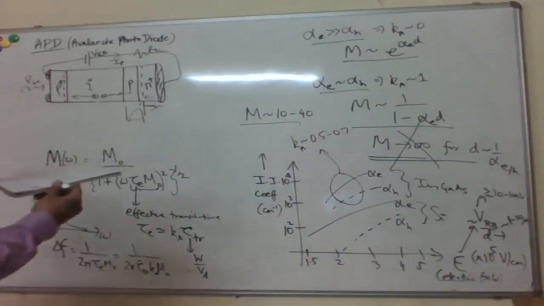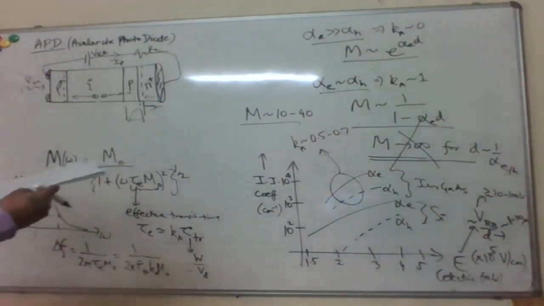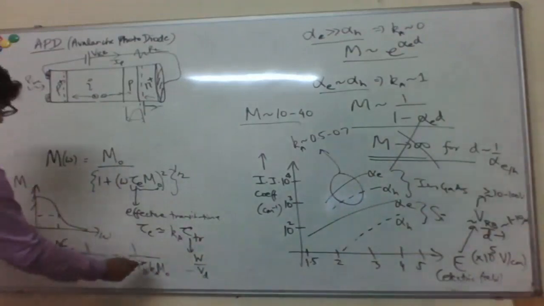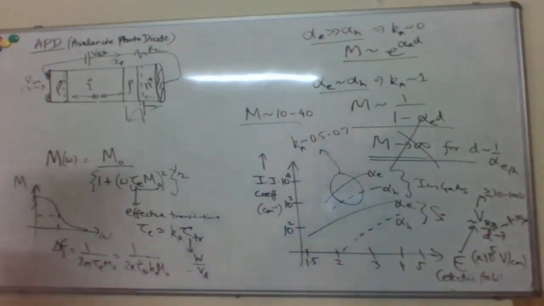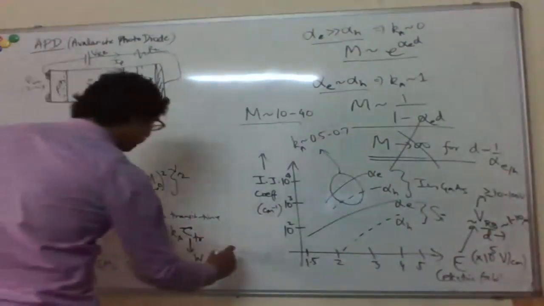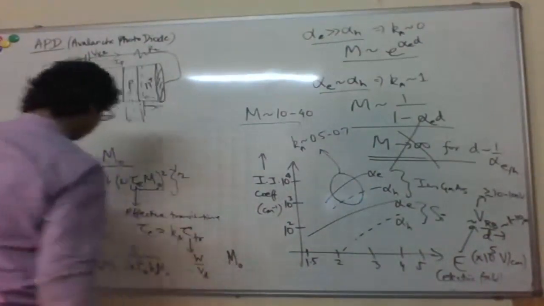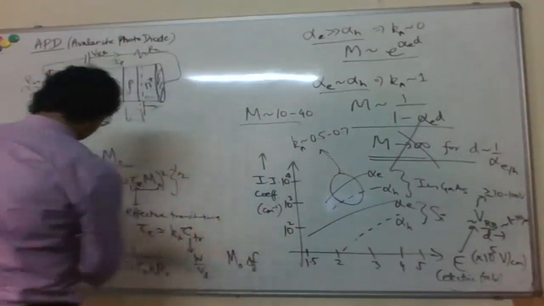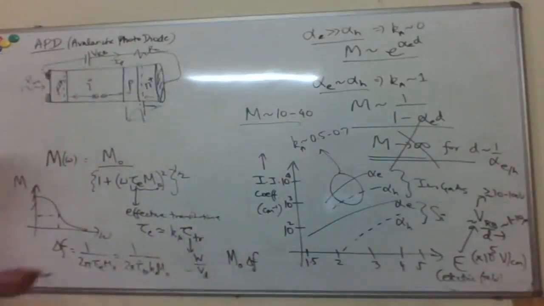From here you can see that there is something like a gain bandwidth product, right? If I look at the DC gain M naught times the bandwidth delta f, that is a constant.